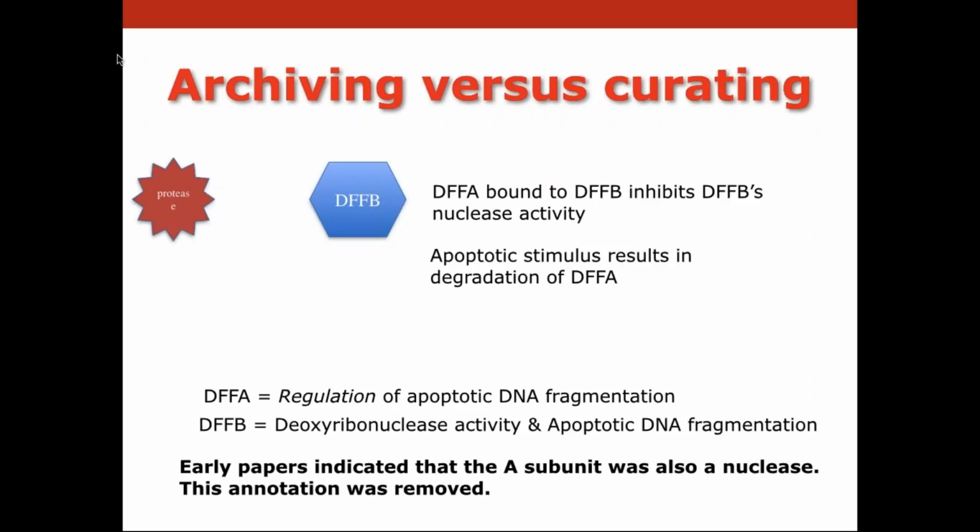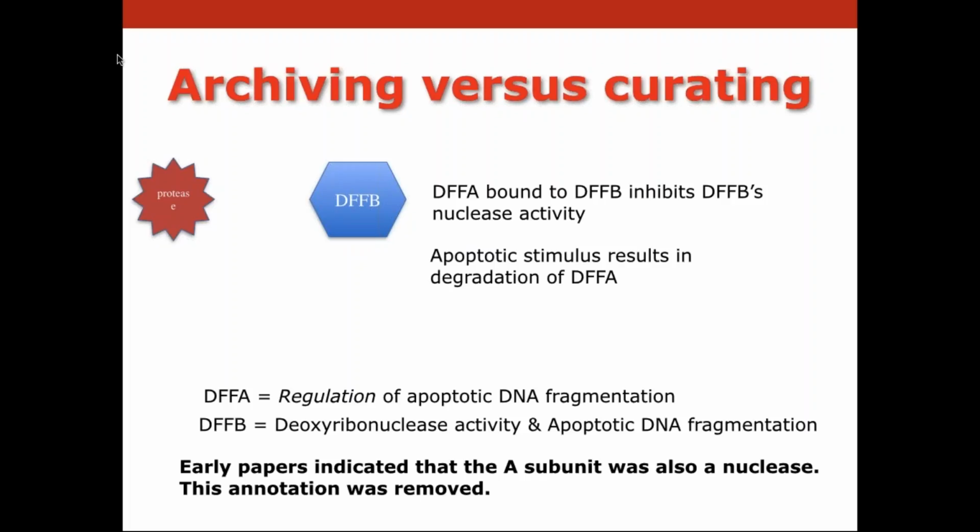Now, the reason why I'm saying this is that they didn't know that it was a complex. They had only identified the A subunit, and they thought that the A subunit had the activity. So when you read the further literature, then you realize that the resolution of the first assays was not good enough, and the results were, I guess you can say wrong, but it was just misleading.